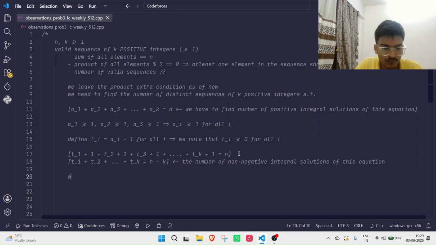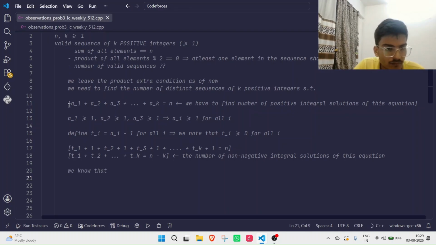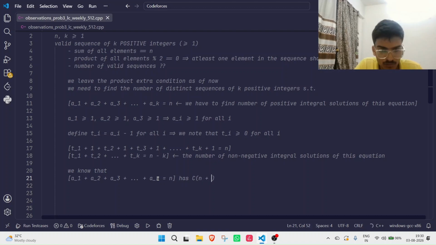We know what this means, right? x1 plus and so on to xr equal to n has what was the formula? n plus r minus 1 C r, or n plus r minus 1 C n minus r plus 1.